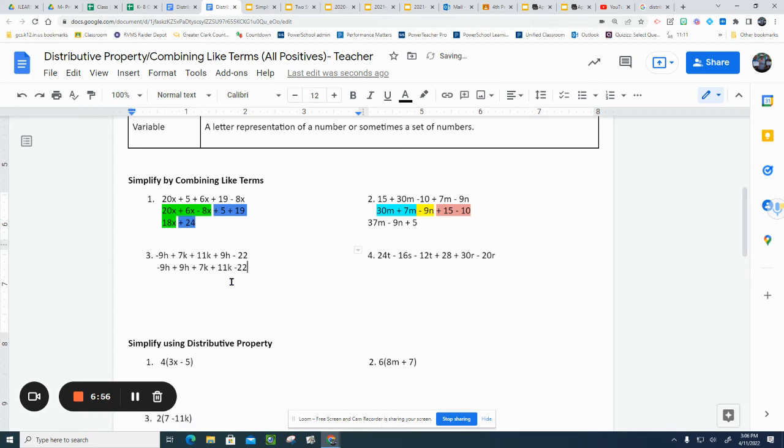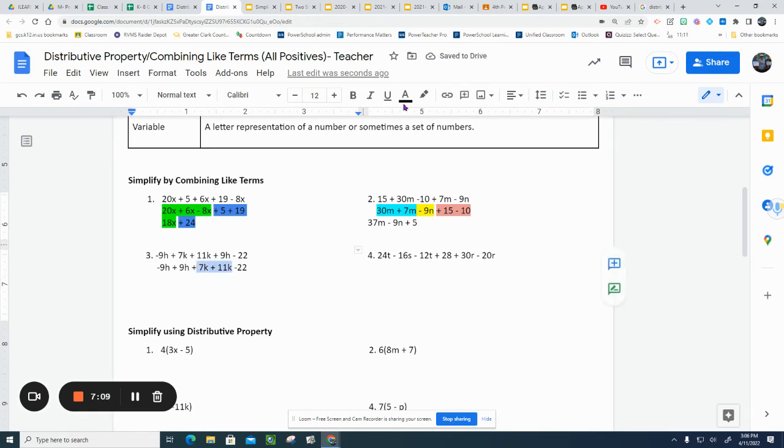I'm going to continue to combine my like terms, and it looks as if 9 minus 9, I have no h's left, but when I combine my k's, I will have 18k. And 22 has nothing to combine with.